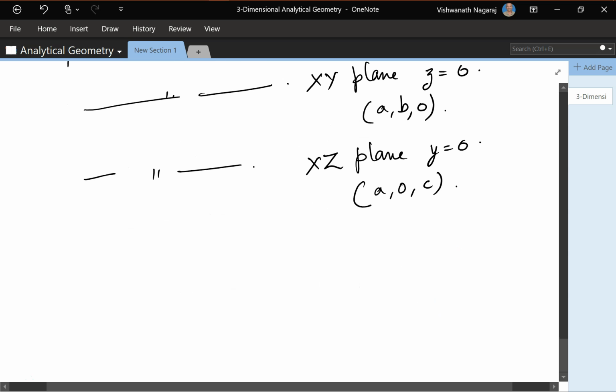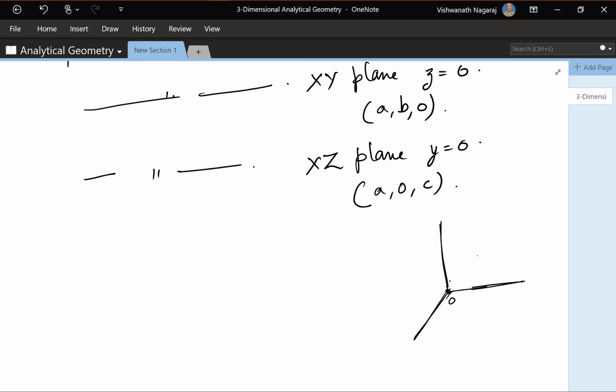Now to be able to visualize this in your mind, I would suggest look at the corner of a room, right? Although you will be able to see only the first octant kind of thing, but I think that would be really helpful. So look at the corner. You will not be looking at it from that side. You will be looking at it from this side. So this is the corner. Treat this as origin.